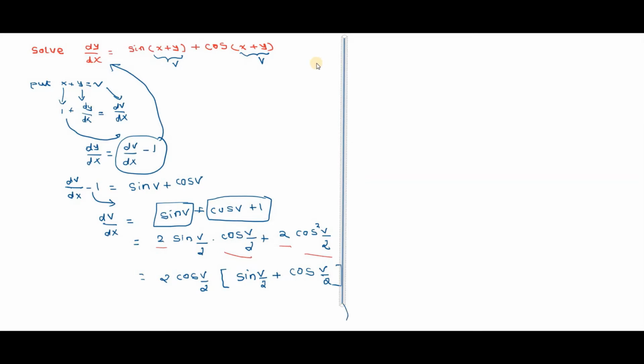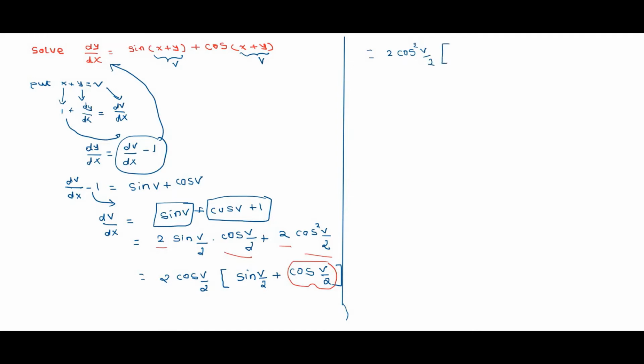If you take this cos v by 2 common, what can you write? This is equal to 2 cos v by 2, and we have taken one of the cos v by 2 common, means in total it is cos square v by 2.